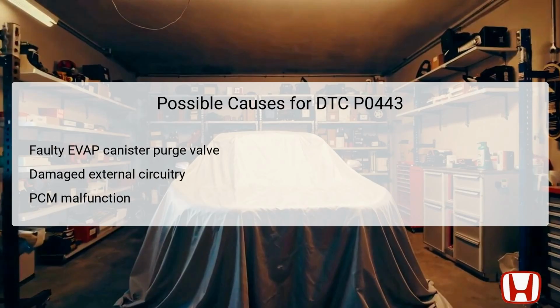Additionally, there may be damage within the external circuitry connected to the valve, which can disrupt proper operation. Problems in the PCM, the electronic control unit of the vehicle that manages performance and emissions, could also cause this error. Each of these potential faults must be systematically inspected to determine the root cause of the diagnostic trouble code.